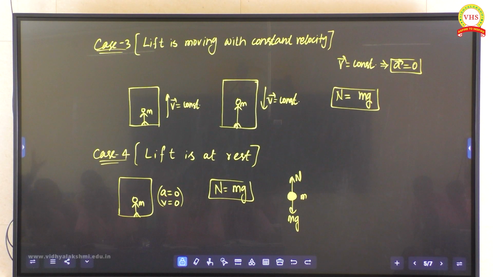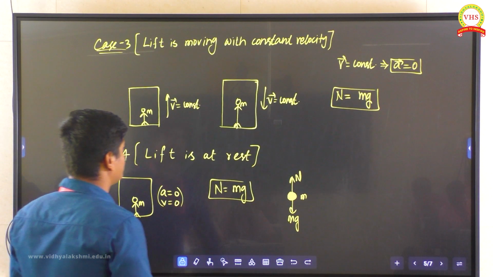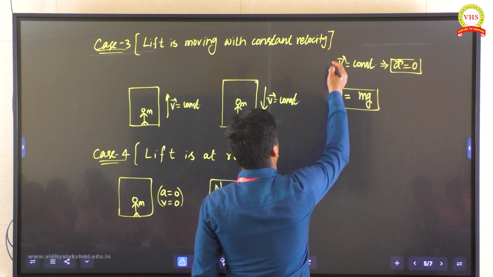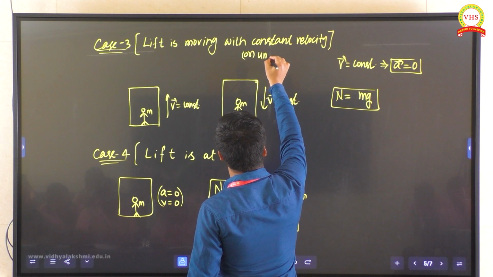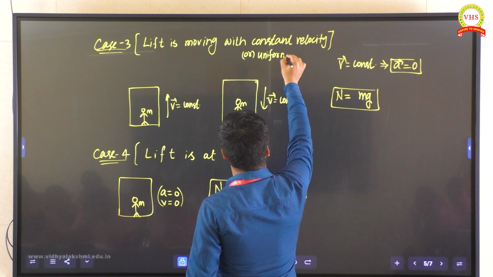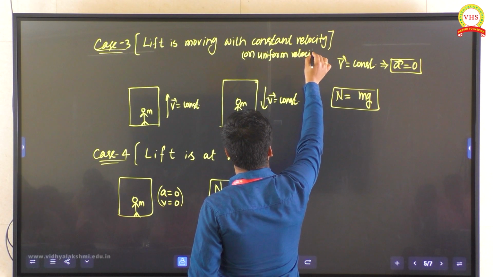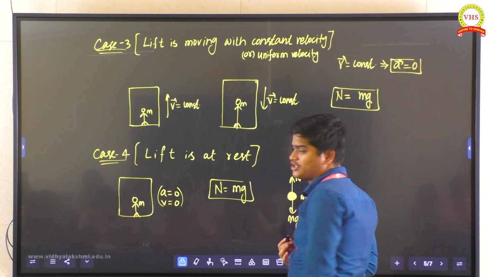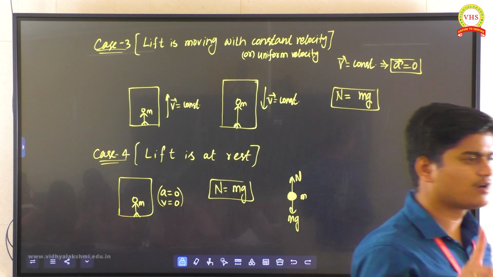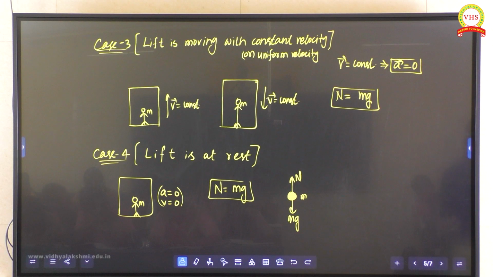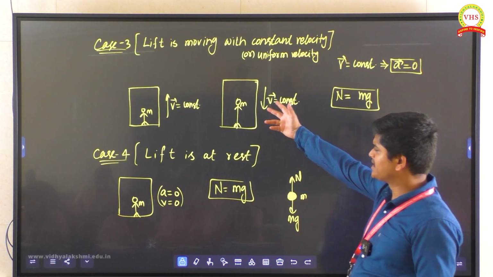When the lift is moving with constant velocity, also called uniform velocity, constant velocity. Boys, clear? No doubt? Getting the points? Nothing is there here, just one mass.